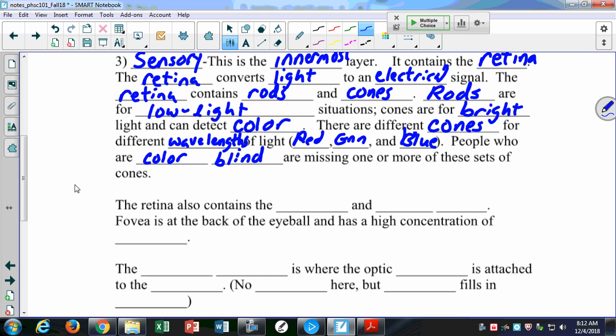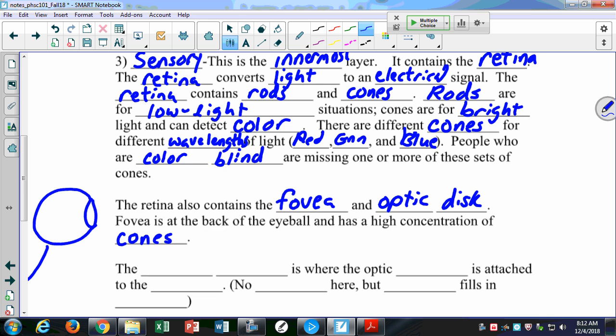Okay, the retina also contains the fovea and the optic disc. The fovea is at the back of the eyeball and has a high concentration of cones. Let me draw a picture of the eye again. Here's my lens.